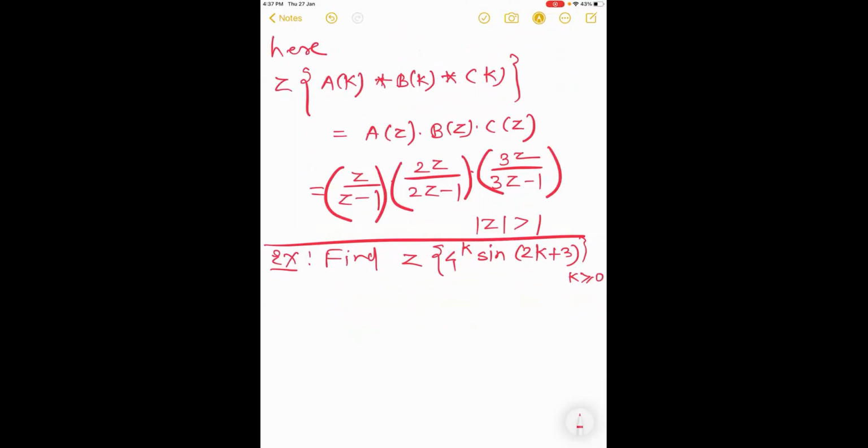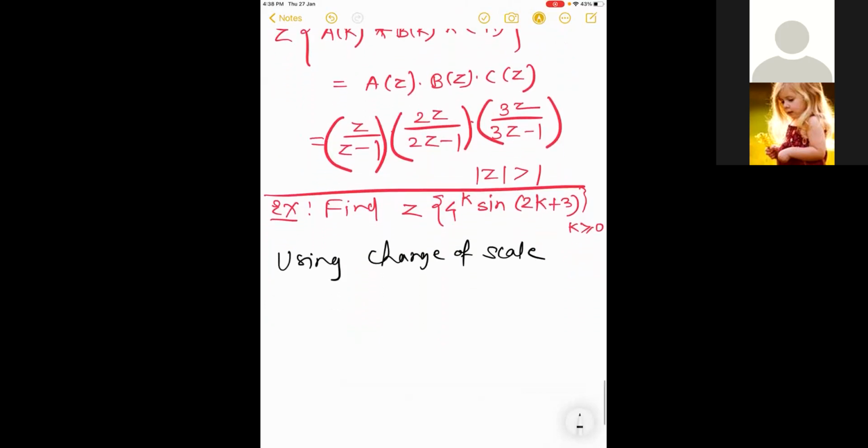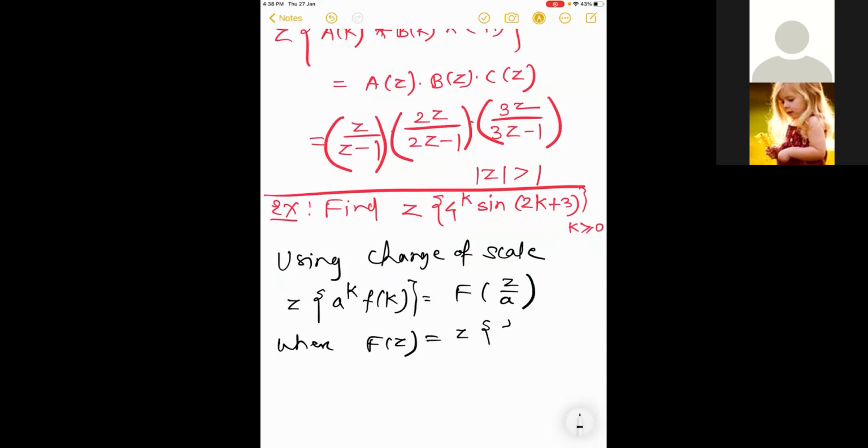So we have the change of scale property. Using the change of scale property, z transform of a raised to k into f of k is equal to f of z by a, where f of z is the z transform of f of k.